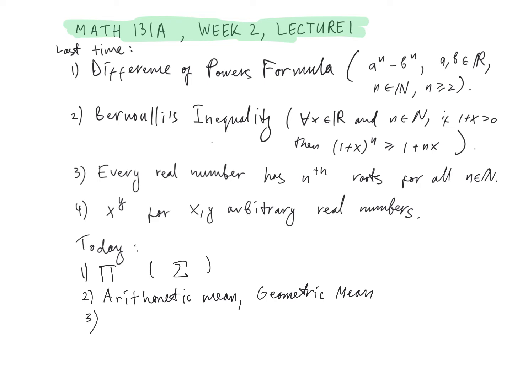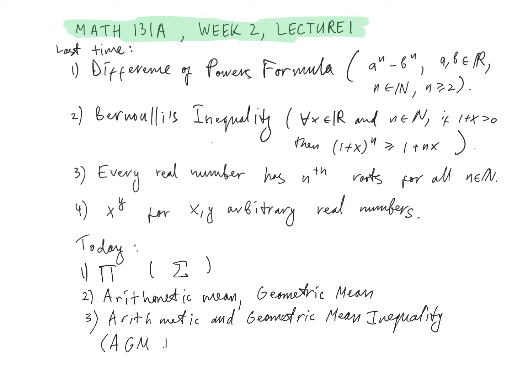3. And we will establish a very important inequality, the so-called arithmetic and geometric mean inequality, which is abbreviated as the AGM inequality, which provides a relation between these two kinds of means, the arithmetic mean and the geometric mean.